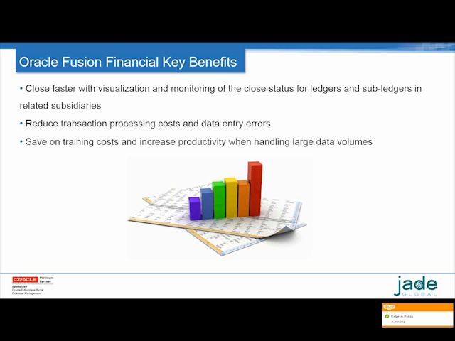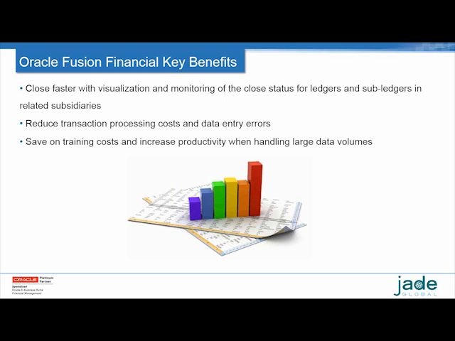The benefits you see here are that you can close your books faster, as you have seen in your receivables to general ledger reconciliation, and also you can create all your invoices through an image integration or through an Excel integration. In that way, you are not spending time to create invoices manually. You can make your supplier payments fast, and that's where you can end up closing your books faster. It also reduces the transaction processing cost.